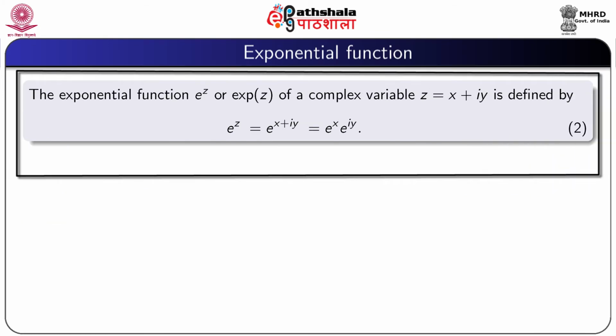So now we define the exponential function of a complex variable z. The exponential function e to the power z, or exp z, of a complex variable z, where z is equal to x plus iy, is defined by e to the power z equal to e to the power x plus iy equal to e to the power x into e to the power iy.